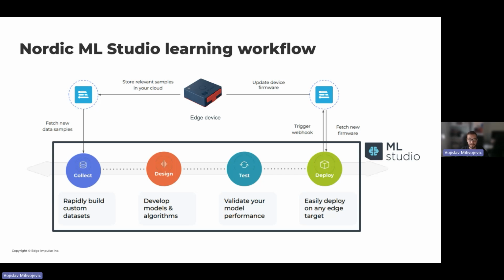With that comes the Edge Impulse Nordic application that includes many features that we're going to talk about today. Each of these steps, being collecting data, designing a model, testing a model, and deploying a model, is very important, and it's very nicely streamlined with what Nordic offers and what Edge Impulse offers with Nordic ML Studio.